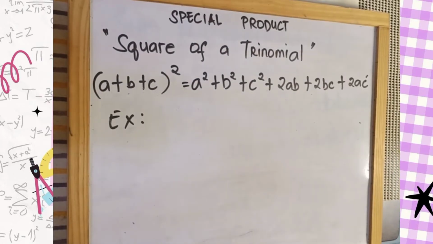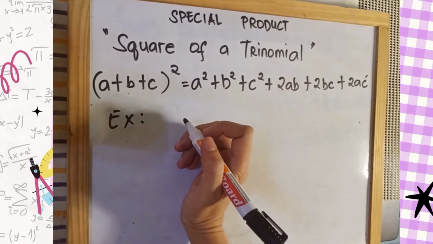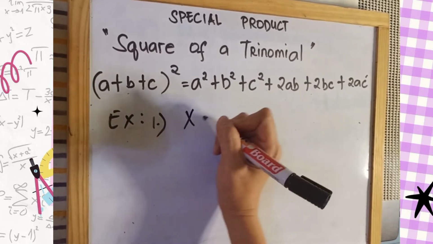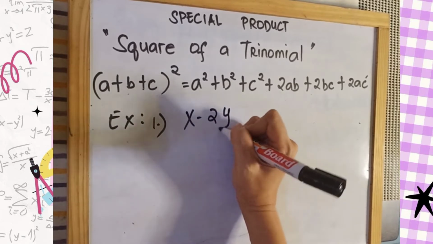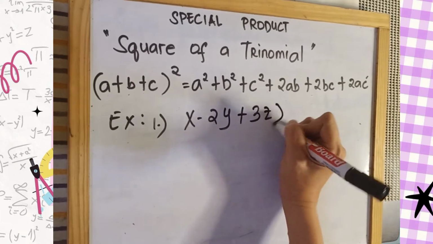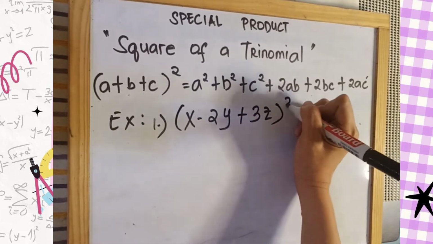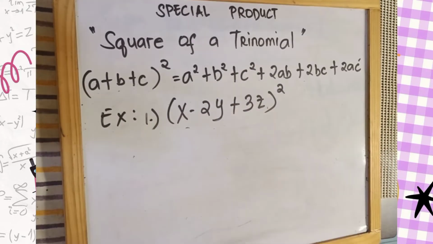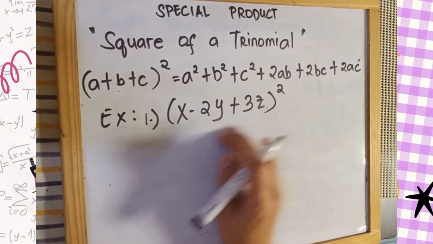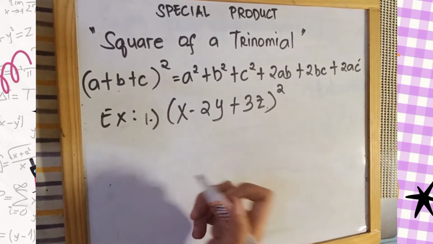So let's have an example. Let's say we have example number 1. We have (x minus 2y plus 3z), and then, naka-squared silang lahat. Okay, so by following our formula, first i-squared muna natin yung lahat ng given term.